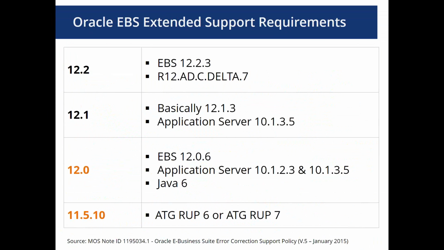And again, 11.5.10 and 12.0 had pretty rigorous baselines while they were supported, so you may even be farther behind than just those dates, like January 2016 being the last 11i CPU patch. So there are multiple reasons why organizations can't apply the security patches in order to fix the bugs we're going to be talking about in a couple minutes.